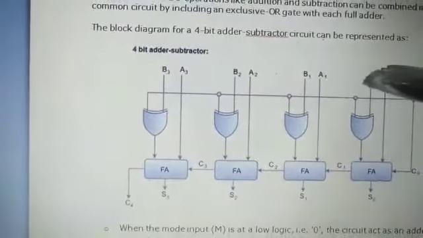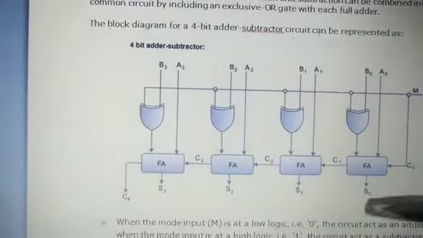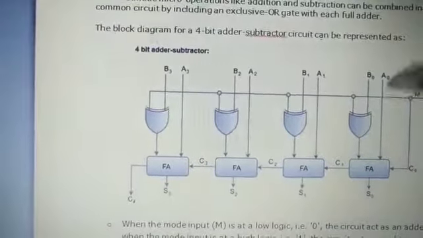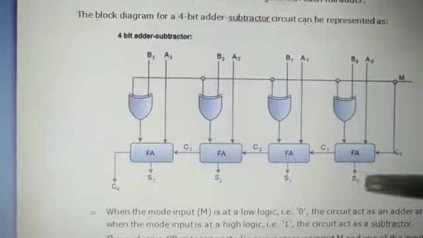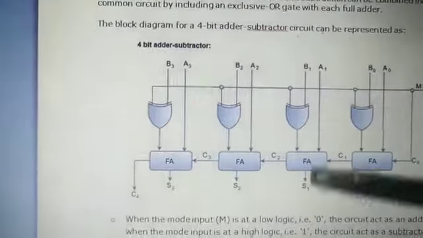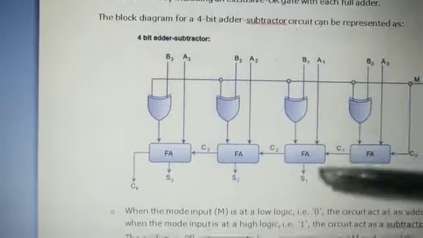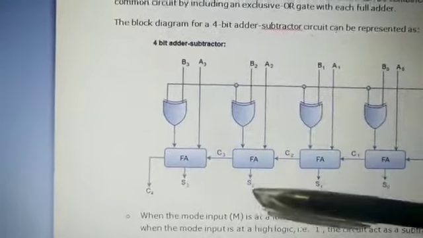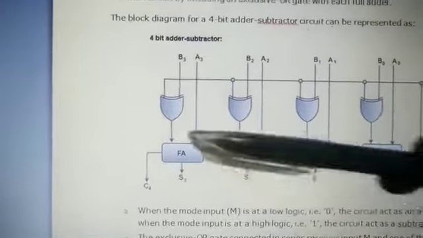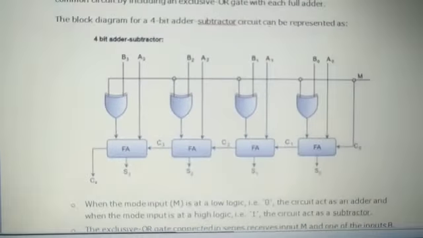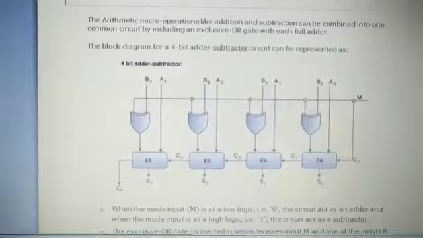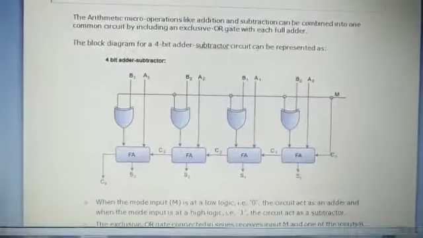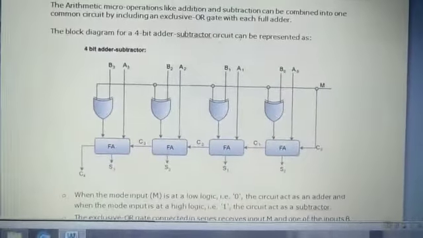S0 is the addition output for the first bit, S1 is the addition result for the second bit, S2 is the third result, and S3 is the fourth one. In this way we are getting the sum output, and C4, or you can say C out, is the final carry output for this circuit.